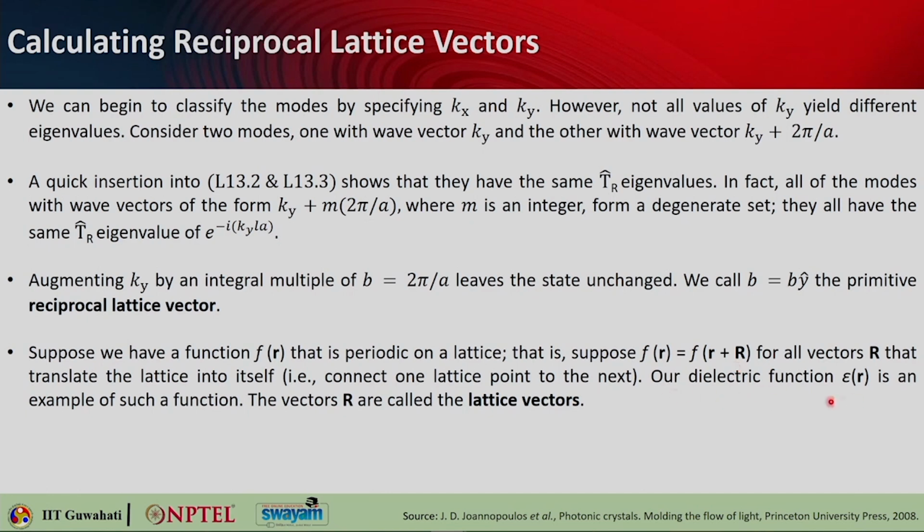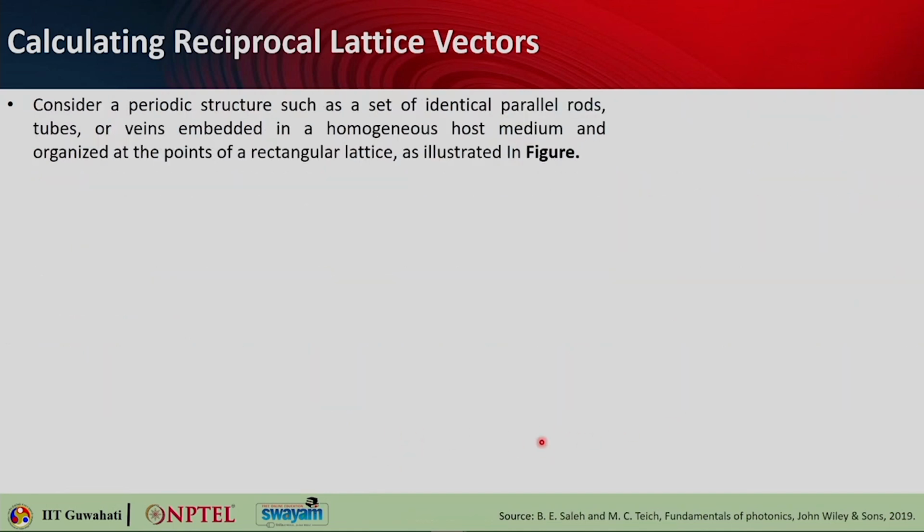Now, our dielectric function epsilon of r can also be taken as this kind of function. Instead of a generic f, you can think of a material property like permittivity that will also repeat using this particular relationship, and in this case capital R is called the lattice vector.